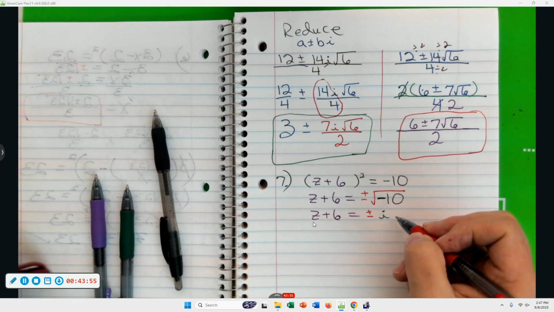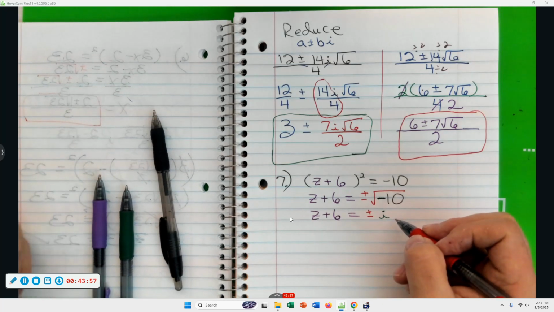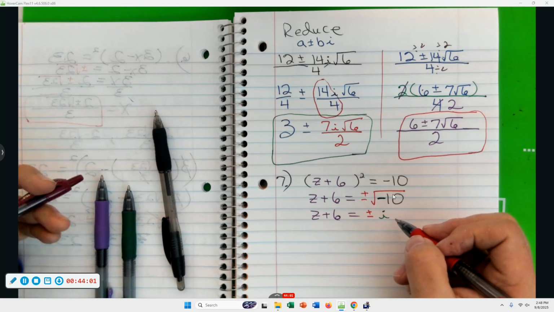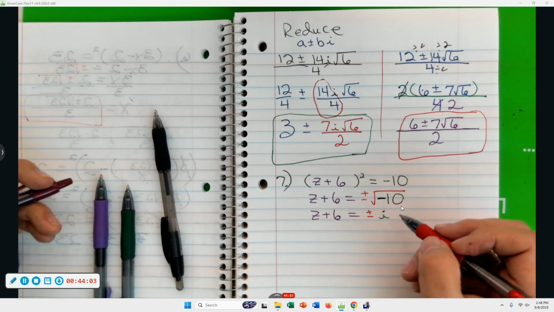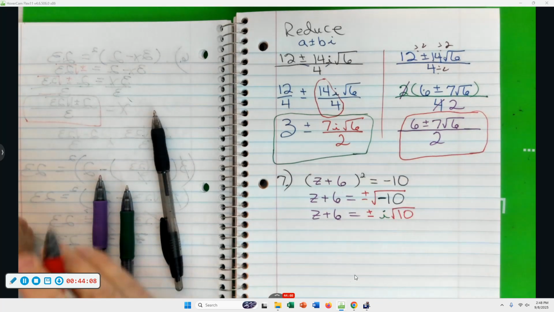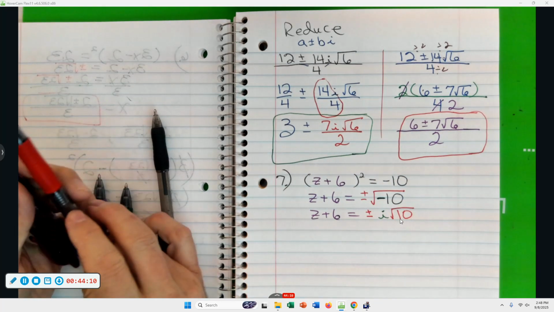Can I reduce the square root of 10? Is there any perfect square that divides evenly into 10 other than 1? 4, 9, 16. No? We'll just leave the 10 under the square root then.